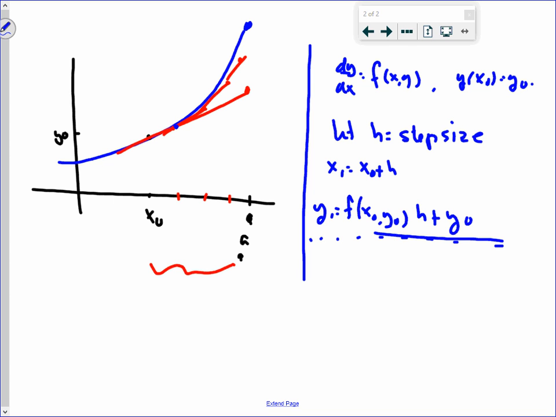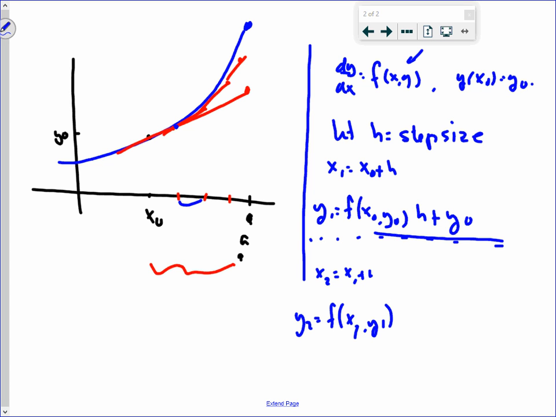Then we do our next spot. Our next one, x2, would be x1 plus h. So we go out a little bit further. y2 would use the value of the derivative at x1, y1. Now remember, what this thing does is give you the slope of the tangent line for all the solutions in the plane.